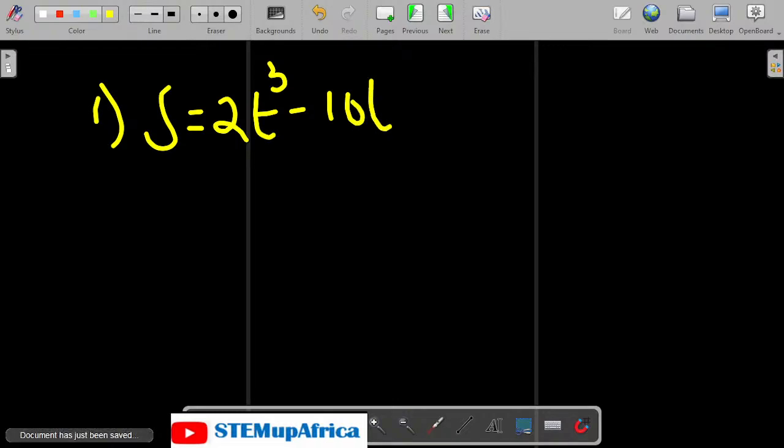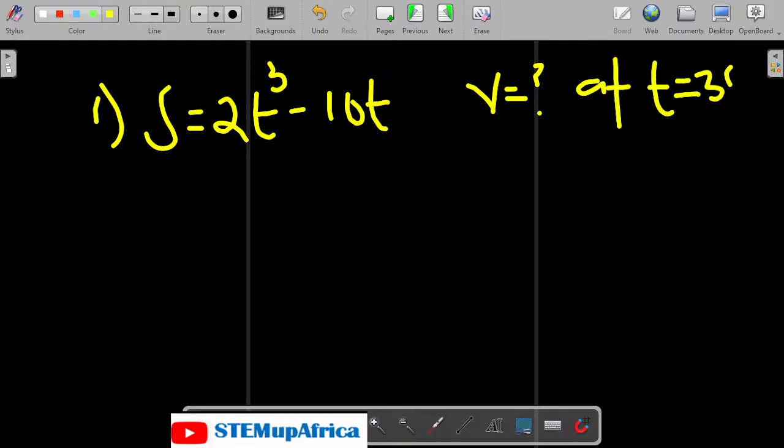Our x is 2t cubed minus 10t, and v is unknown. We have to find v at t equals 3 seconds.